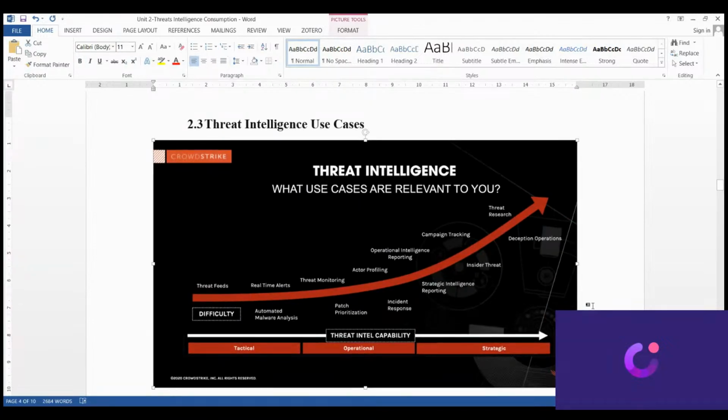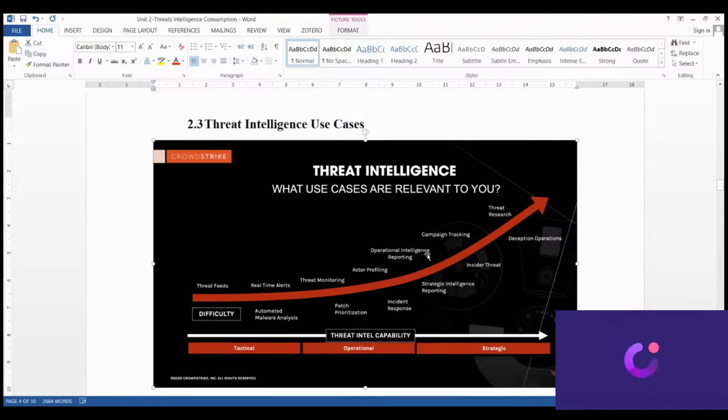We went further to look at some threat intelligence use cases, made out of three main stages: the tactical, the operational, as well as the strategic. So that's the threat intelligence capability.